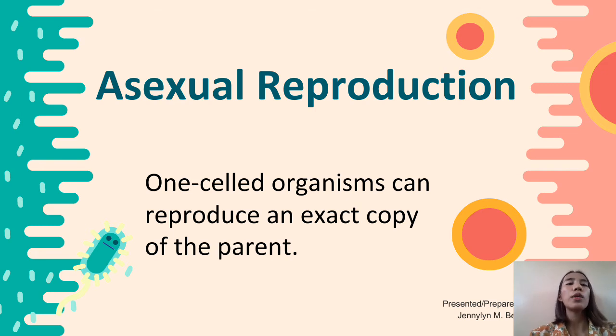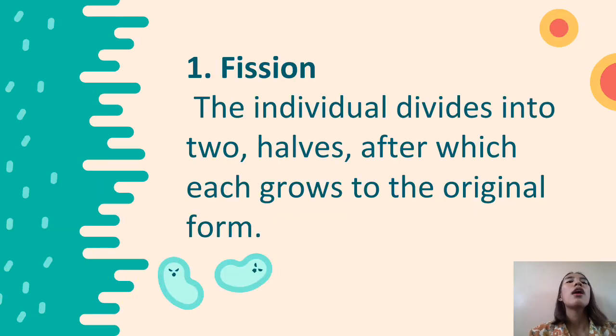Okay, so we have different types of asexual reproduction. Fission. What do you mean by fission, class? Anyone? Yes, Gomez. Very good. Fission means that an organism or an individual is splitting or dividing.